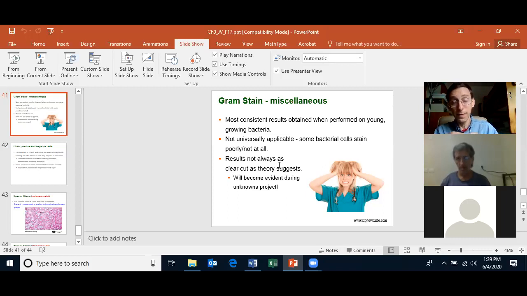That makes these cells poor at staining because the gram stain cannot get inside the cell walls. So those cells, mostly the mycobacterium, stain poorly in the gram stain. All right, any question about any of that?